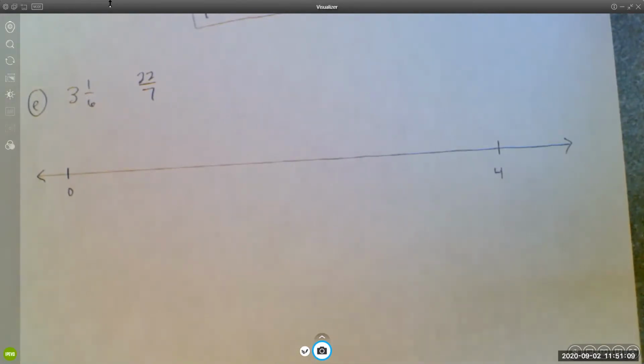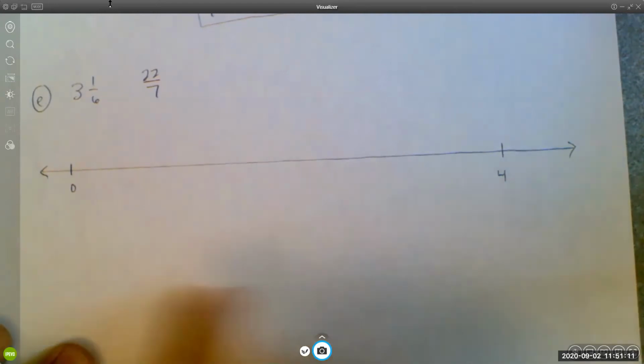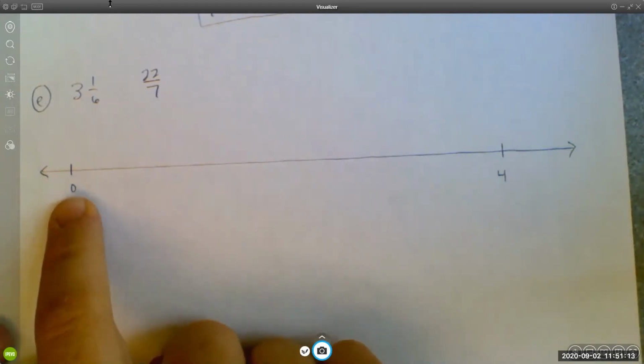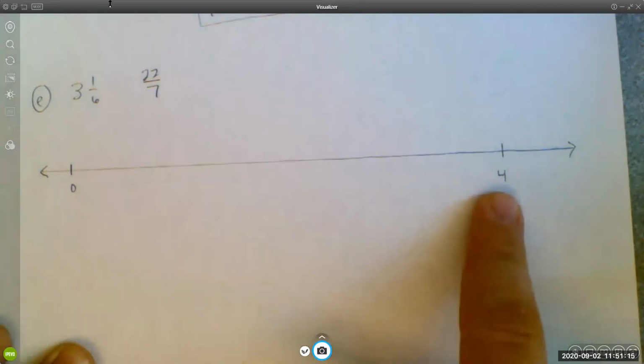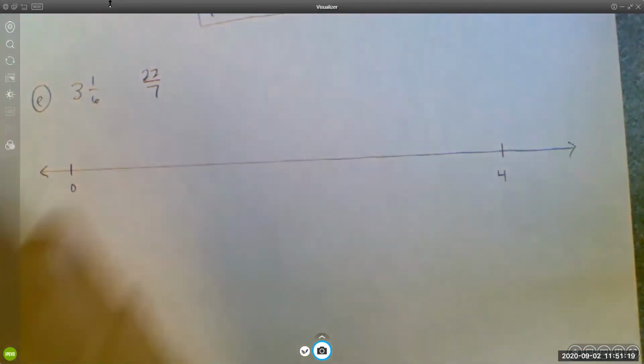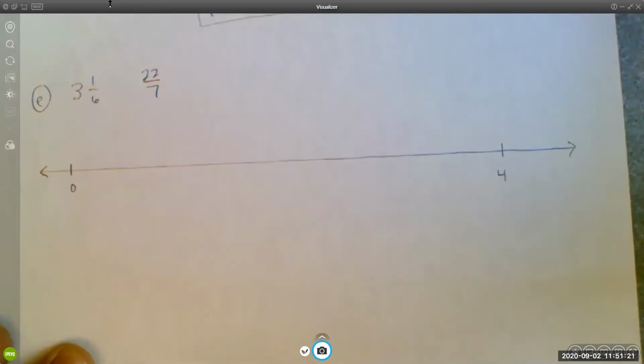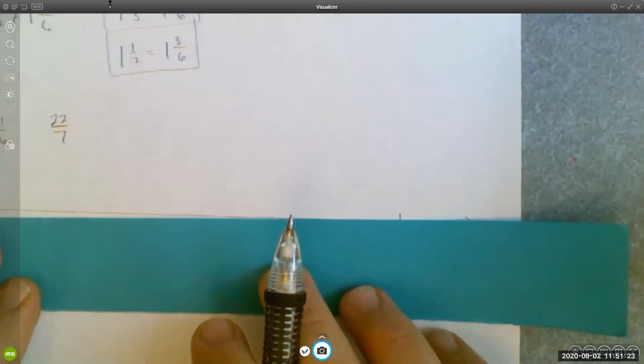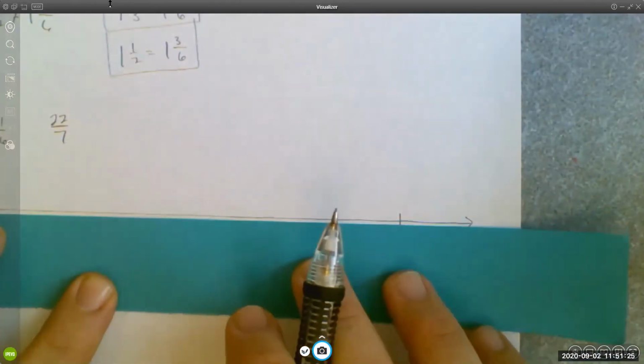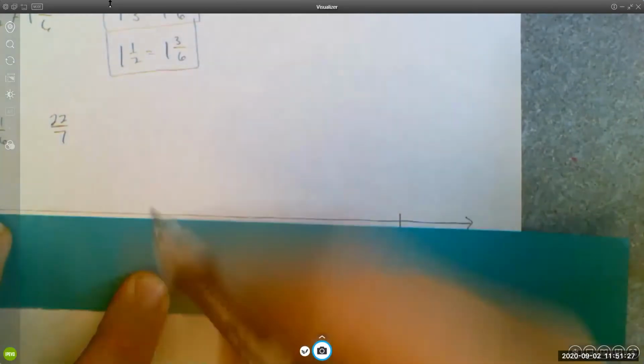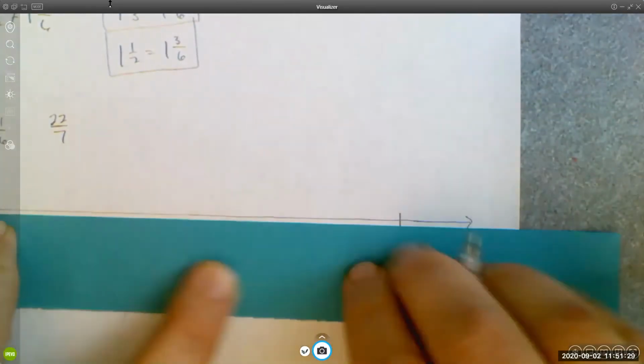Okay, so the first thing I'm going to do is split the distance between this mark and this mark into 4 equal parts so that I know exactly where 1, 2, and 3 should be on this number line. To do that, I'm going to take my little fraction ruler that I haven't made yet.